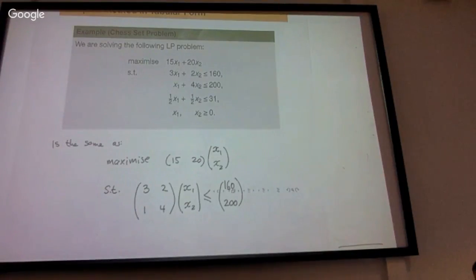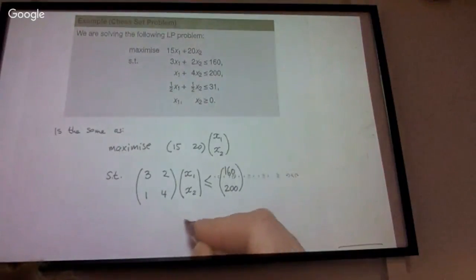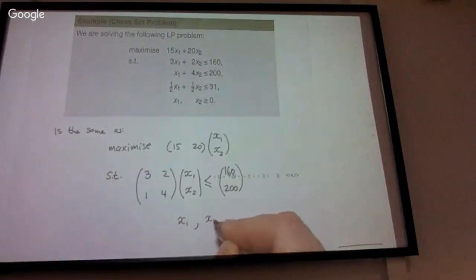So the first row gives you 3x1 plus 2x2 is less than or equal to 160, and the second row gives you 1x1 plus 4x2 is less than or equal to 200. Are you still with me? This is simple. And then, of course, we need x1, x2 greater than or equal to 0.